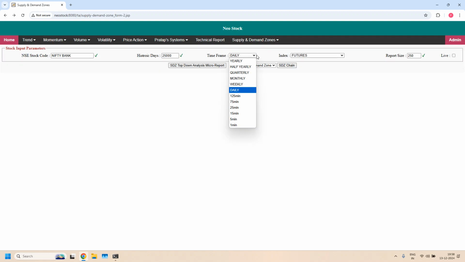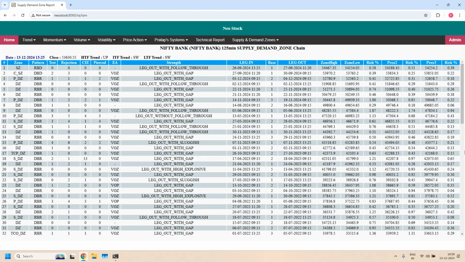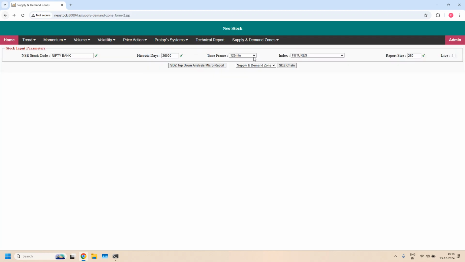Next, 125 minutes supply demand zone chain for Bank Nifty. Next, 75 minutes supply demand zone chain for Bank Nifty.